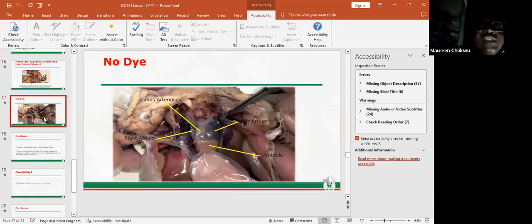Then, when there is no dye, these are what you will see, though they might not be very visible: the conus arteriosus, right atrium, left atrium, and ventricle.